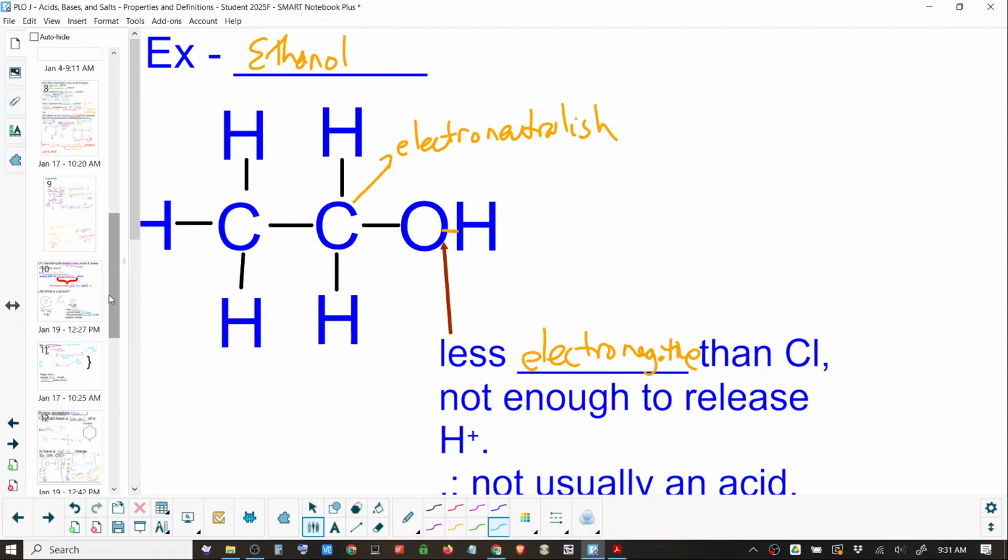Next, Brønsted-Lowry acid-base pairs. Now that we know our proton donor is an acid and a proton acceptor is a base, if you give a proton acceptor a proton, what is it now? It's a proton donor.